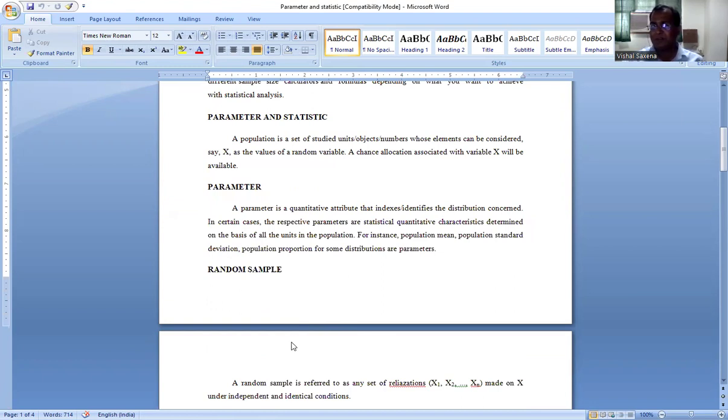A population is a set of studied units, objects, or numbers whose elements can be considered. Suppose X represents the values of a random variable, then a chance distribution associated with variable X will be available. This is the definition of population, which we have already discussed.